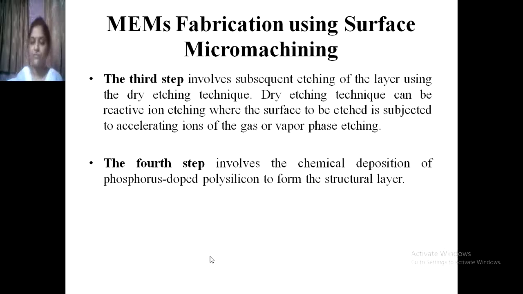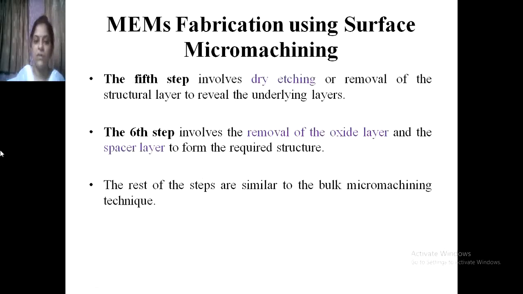The fifth step involves dry etching or removal of the structural layer to reveal the underlying layers.